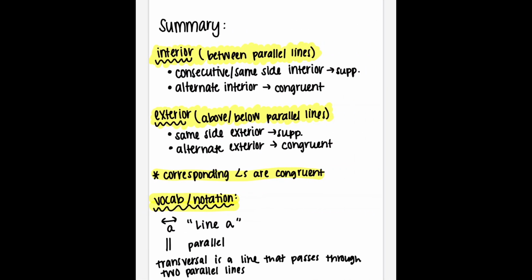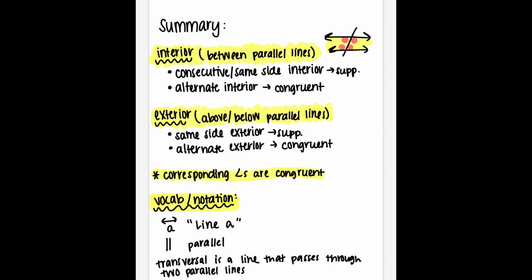So we're just going to summarize now to keep it organized in your brain. The interior angles are always between the two parallel lines, right? They're the ones that are always right there in the middle. And there's typically a label for each of them. So you've got those four angles.